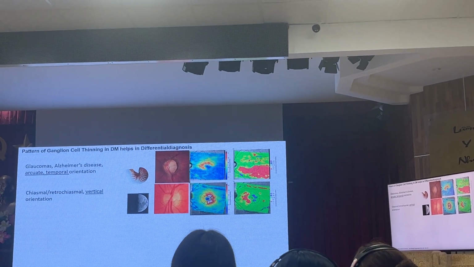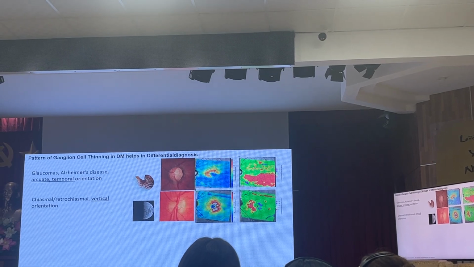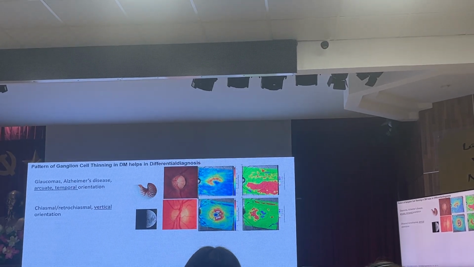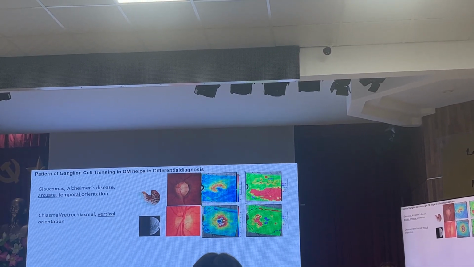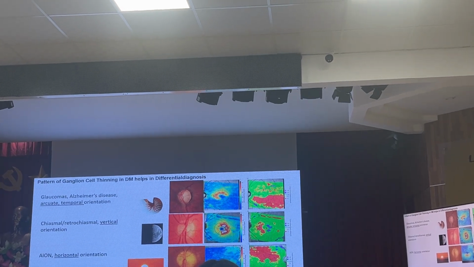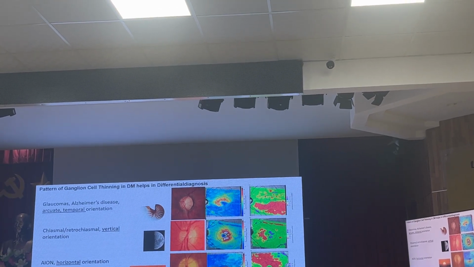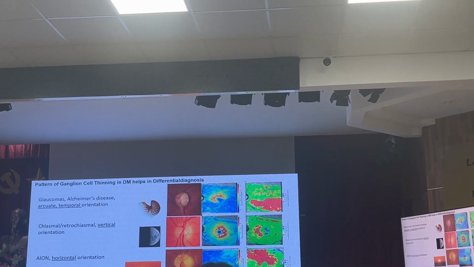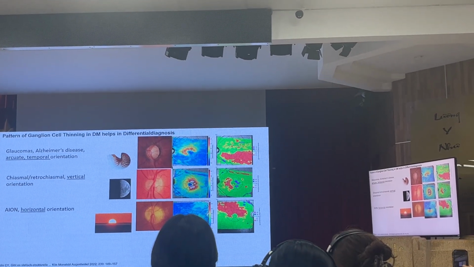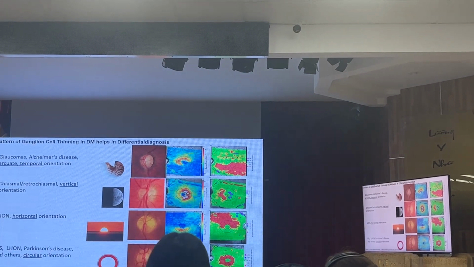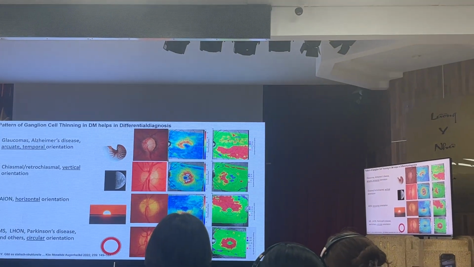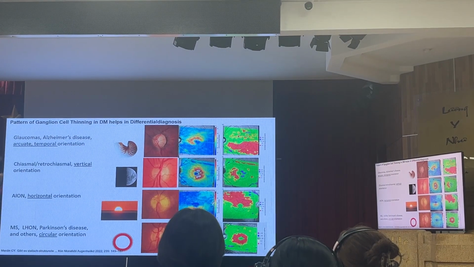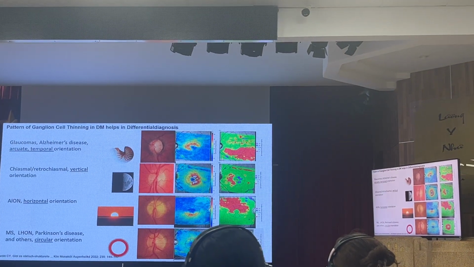If you have chiasmal problems or optic radiation, then you look more into vertical defects. ION typically with horizontal defects without touching the optic nerve head, as it's done here. And of course, red circle sign for all other neurological diseases, especially inflammatory diseases.